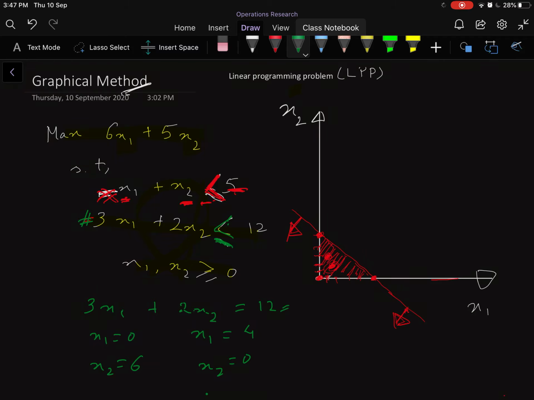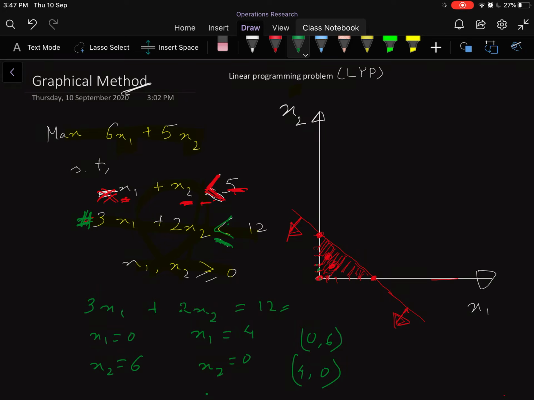Therefore we would have 2 such points which are satisfying this constraint. Those are 0,6 and 4,0.